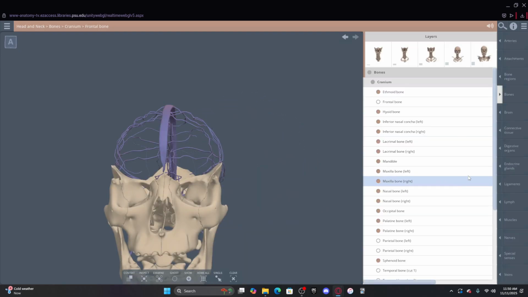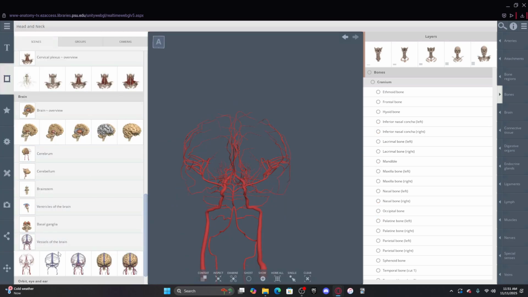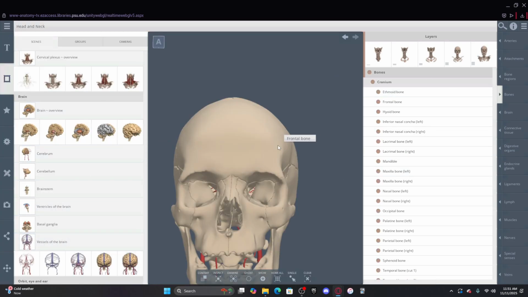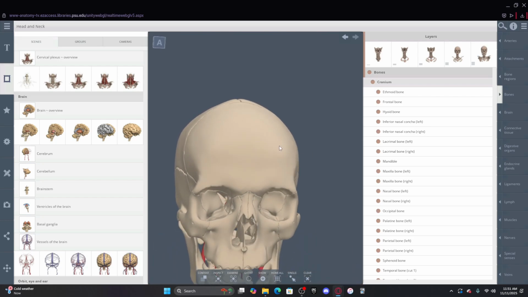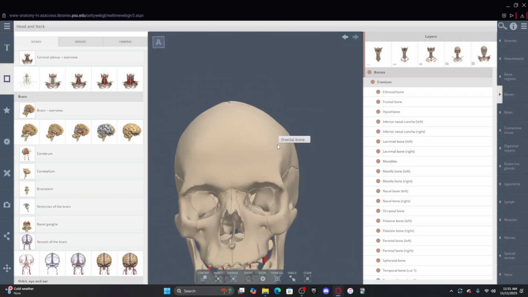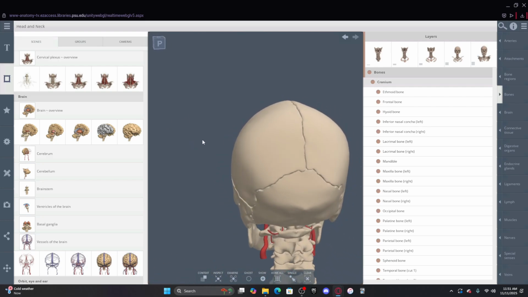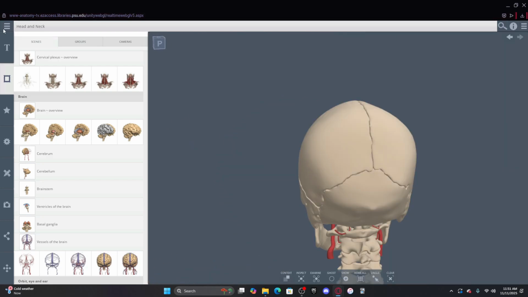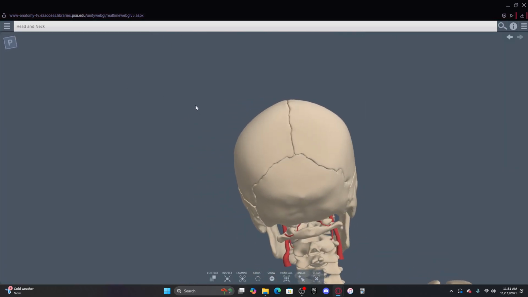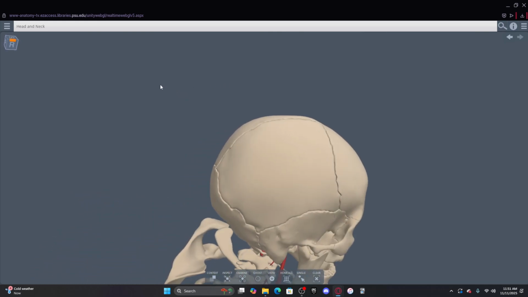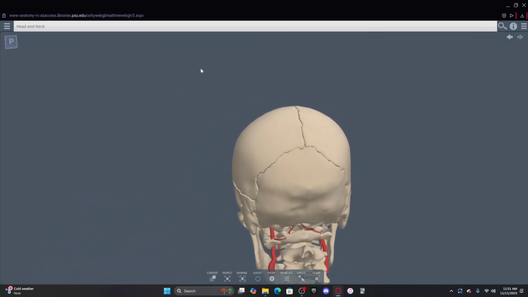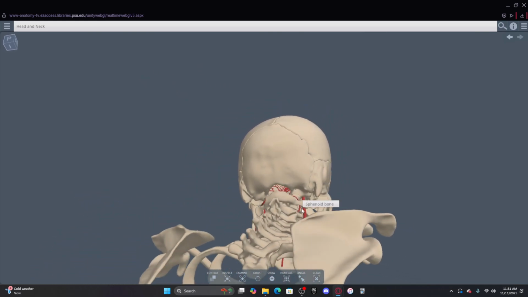Now that we have that, I'm going to move to the circle of Willis. Usually you're going to find the circle of Willis on the actual brain, like I showed you there, but just so you can see it here in the skull as well.